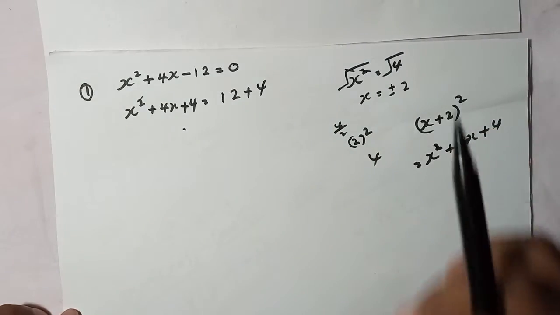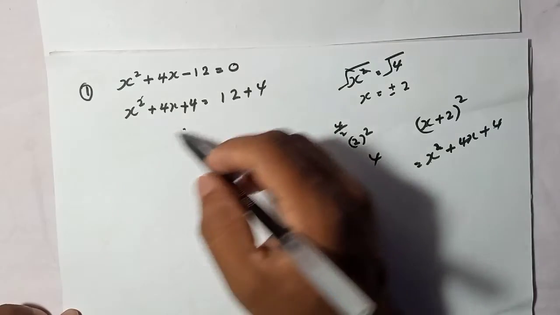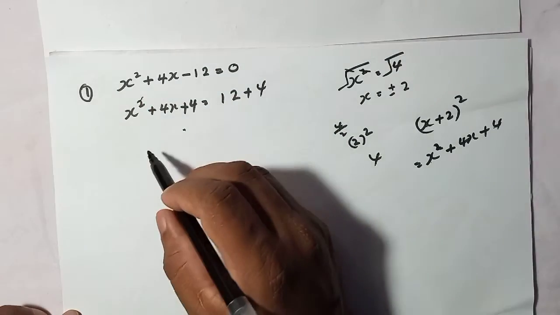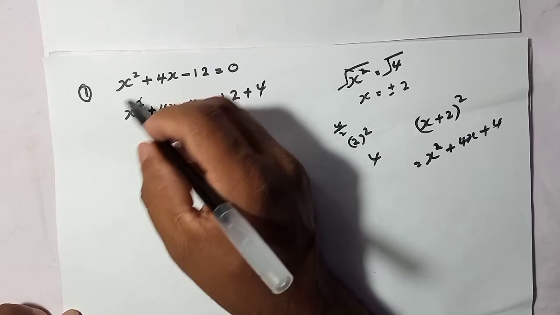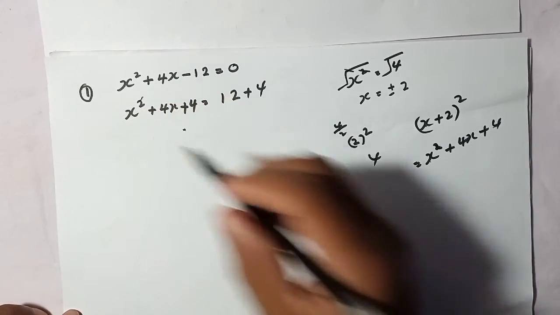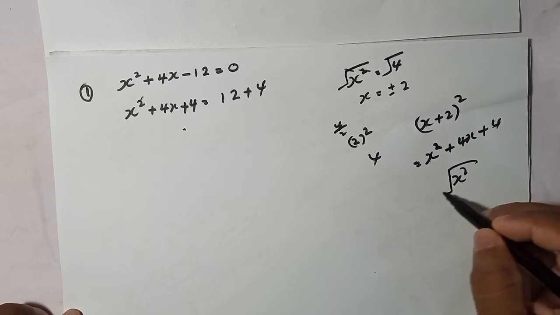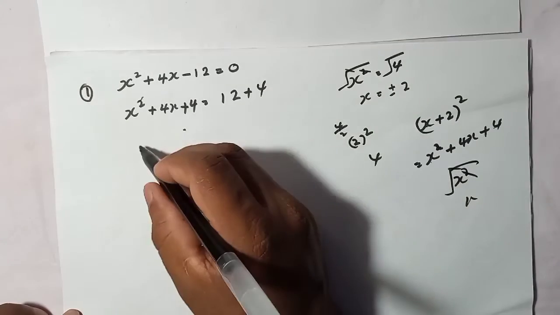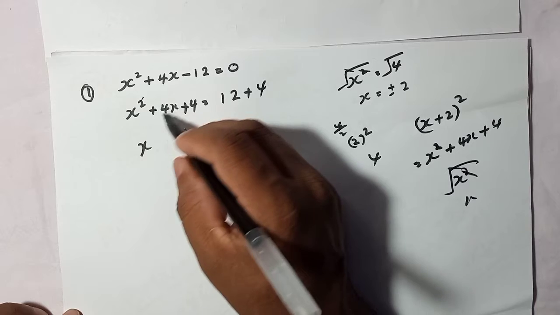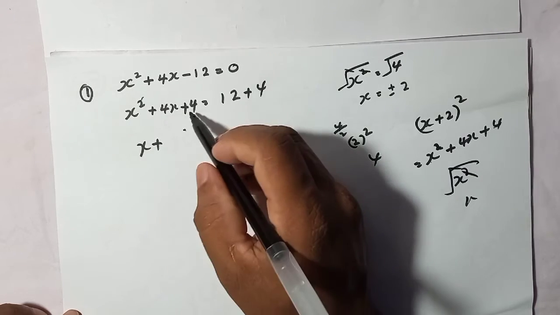That's the one thing. The second thing you need to know is how to get the complete square. It's very simple. First, the square root of the first term: x square root of that, you know, is x. So very simple, x, and then the sign of the middle term. This sign is plus, so I will put plus.